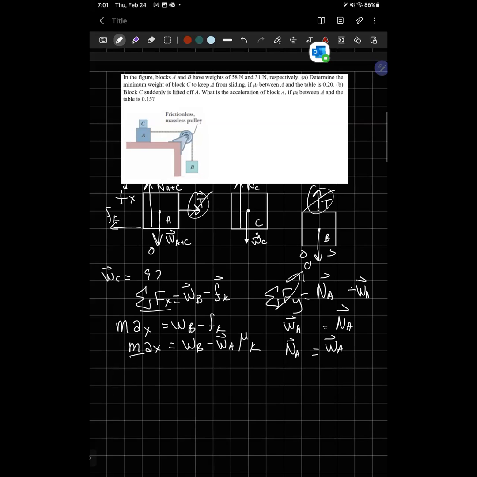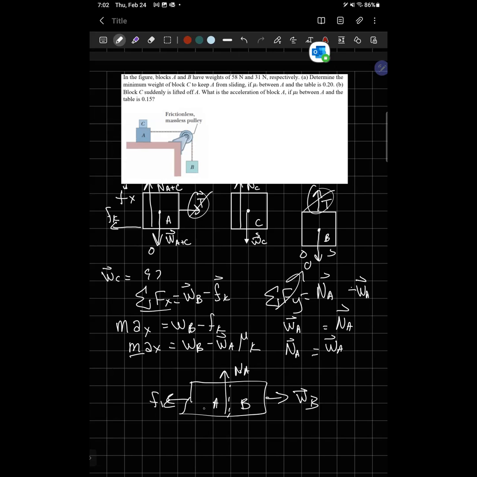M is actually going to be A and B, because what I did when I combined the two blocks is turn my free body diagram into something like this: A, B, weight of B, friction. And then the normal force is just going to be of A.